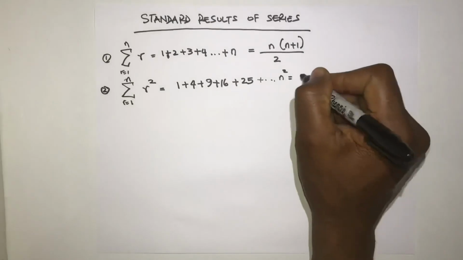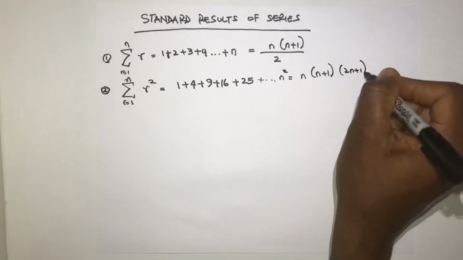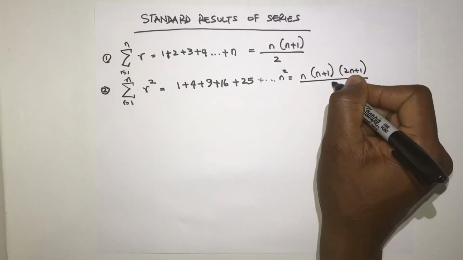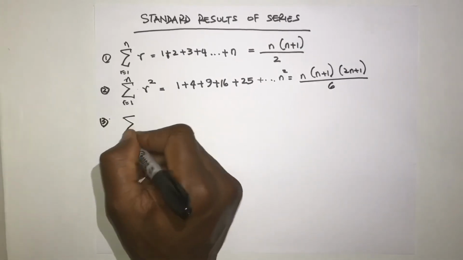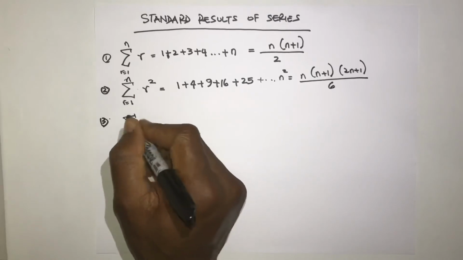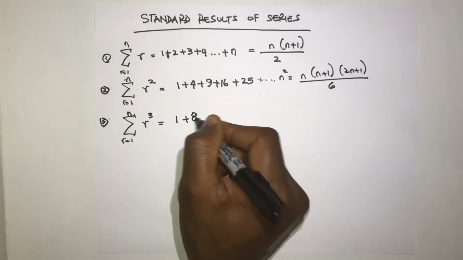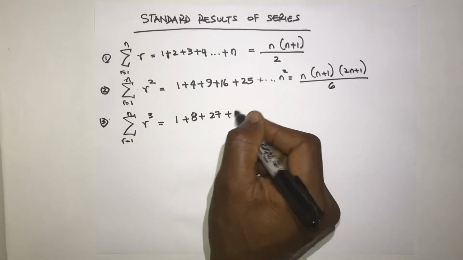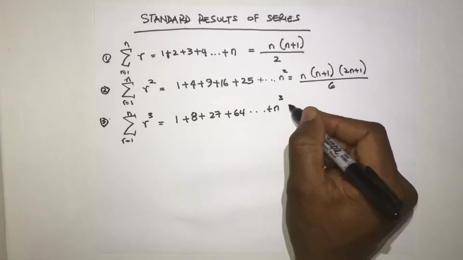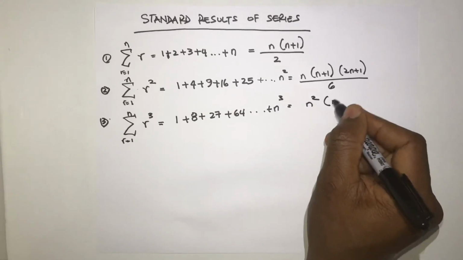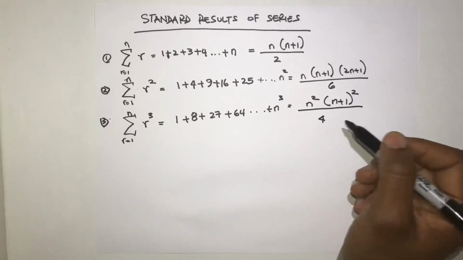This is equal to n times n plus 1 times 2n plus 1 all over 6. Looking at the third one, the summation of r equals 1 to n of r cubed is equal to 1 plus 8 plus 27 plus 64 plus up to n cubed, and this is equal to n squared times n plus 1 all squared all over 4.